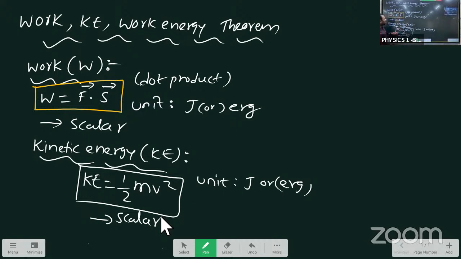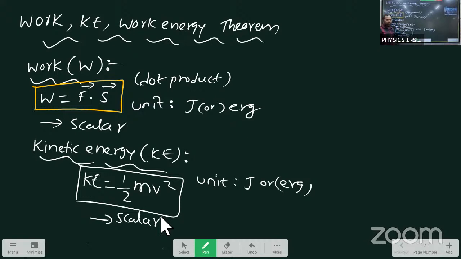Before that, again I am repeating: work is denoted with capital W, F dot S. Dot is nothing but the scalar product, F S cos theta. So W equals F dot S. One more statement, definition of kinetic energy: energy possessed by a body with respect to its motion. KE equals half mv square. Work over, kinetic energy over.